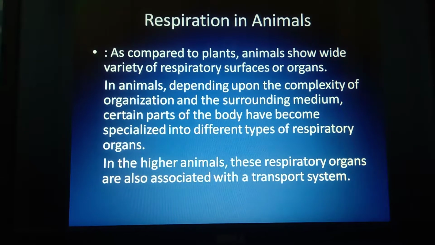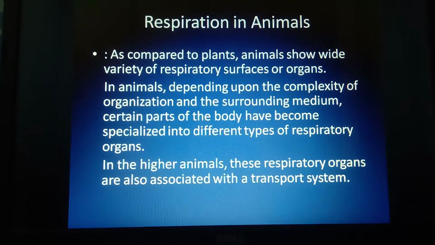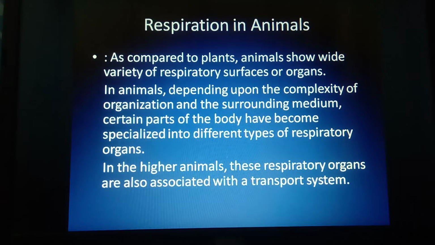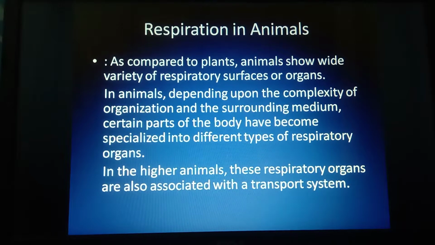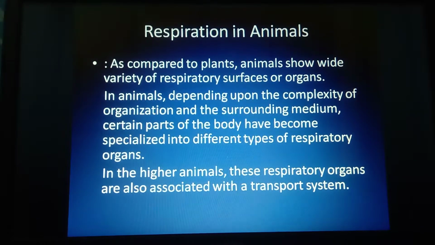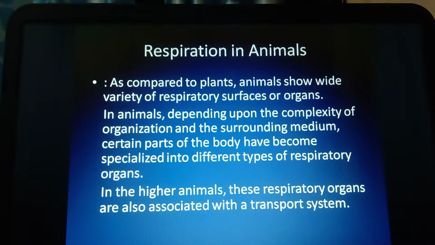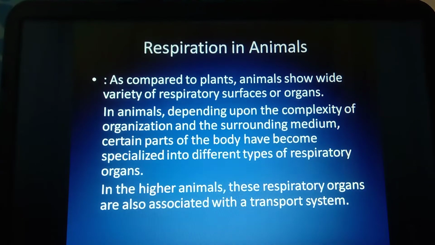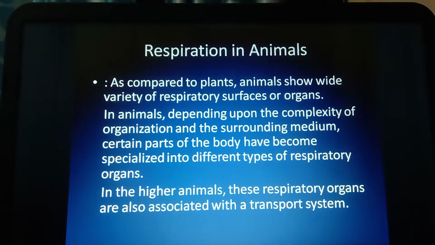Here, in the case of animals, you can observe they show different respiratory systems and transport systems related to the respiratory gases. As per the complexity, if we start from the Protista, in the sponges, they show a cell membrane which is helpful for exchange of respiratory gases.